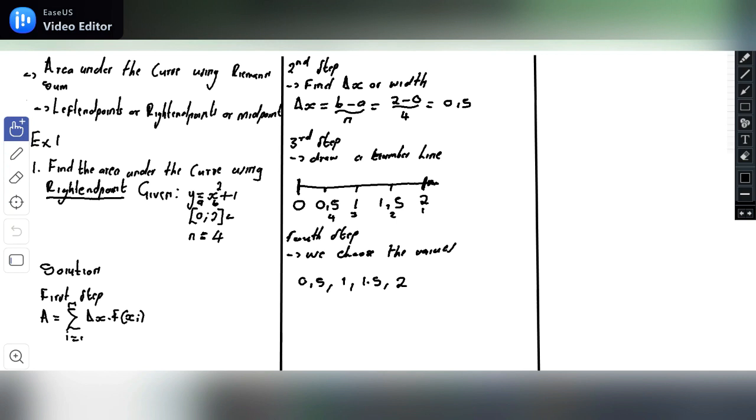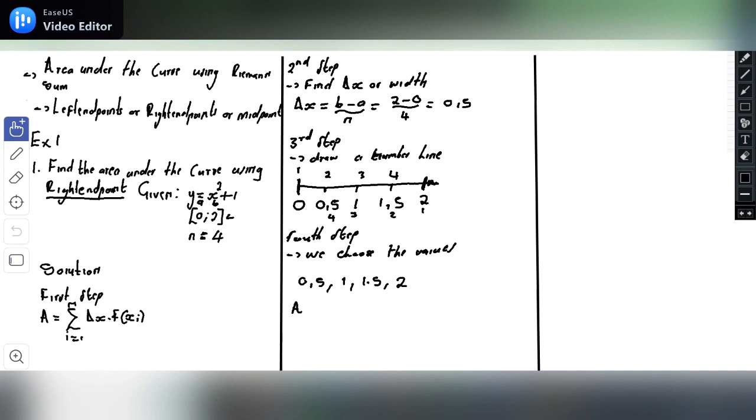If it was find the area under the curve using the left endpoint, we're going to count 1, 2, 3, 4, and we leave the last one. So even though you don't count, you just know that if it's the left endpoint, you leave the last number, counting from left going to the right, and vice versa. So after choosing the values, that's where we write our formula again.